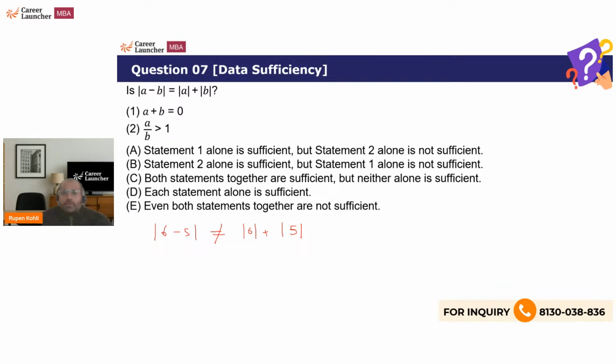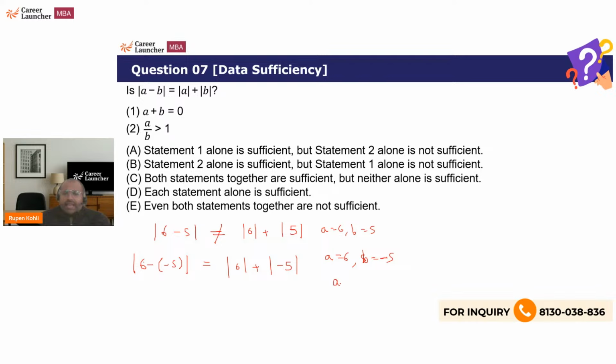But what if, in this case I have taken a to be 6, b to be 5. What if I take a to be 6 and b to be, let's say, negative 5? So mod of 6 minus of minus 5 means mod of 11, which is 11. Is it equal to mod 6 plus mod of minus 5? Yes, very much. This is 6 plus 5, 11. Or it could be the other way around also.